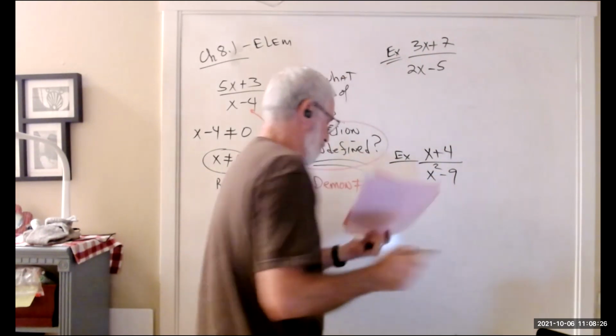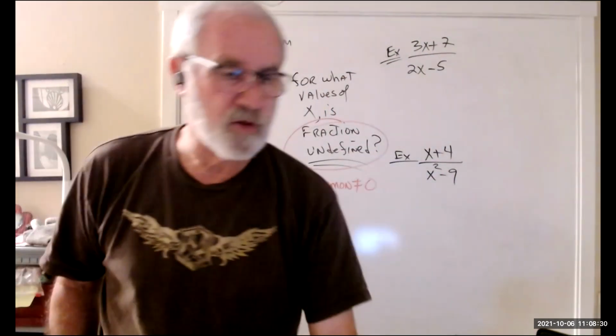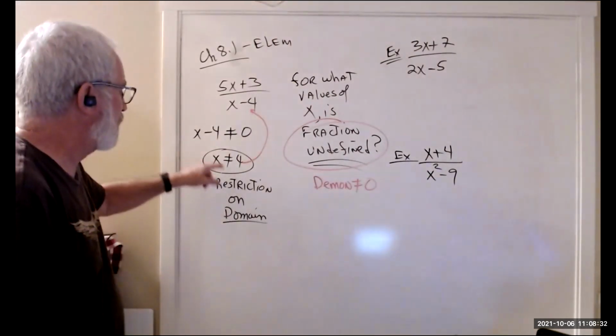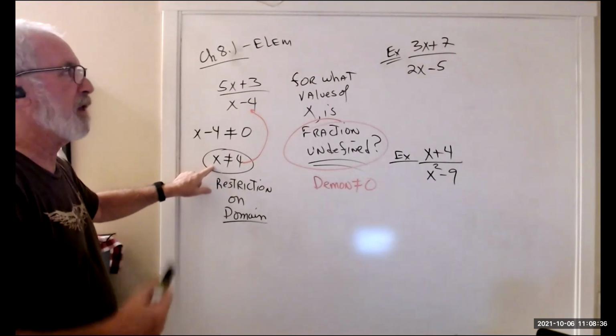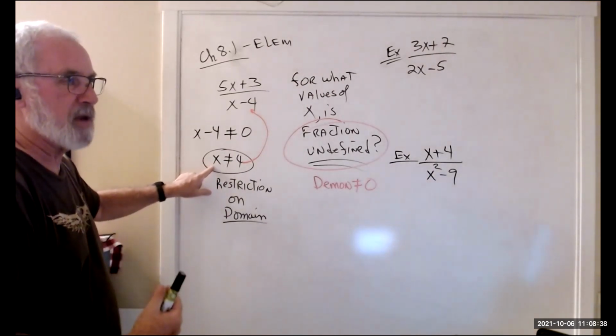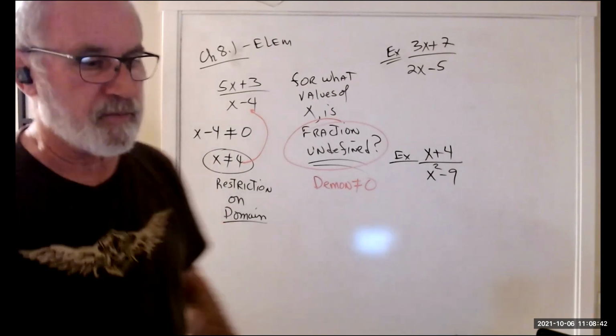Okay, that's cool. So for each of those, find the restrictions. Find the values that would make the denominator blow up. Okay, so give that a try.